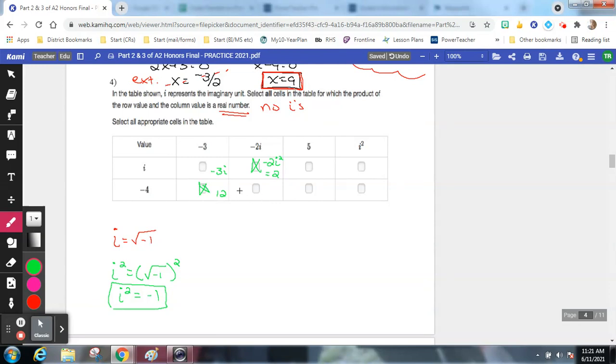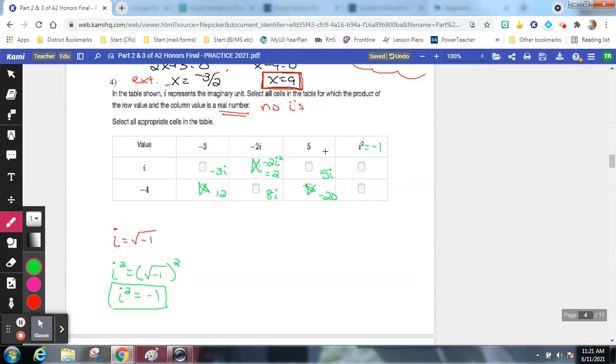So if I have any i squared, I can replace it with a negative 1 and get a real number. Negative 4 times negative 2i is an 8i. That's not real. i times 5 is 5i, not real. Negative 4 times 5, negative 20. That is real. i times i squared. Well, again, I already said i squared is negative 1.